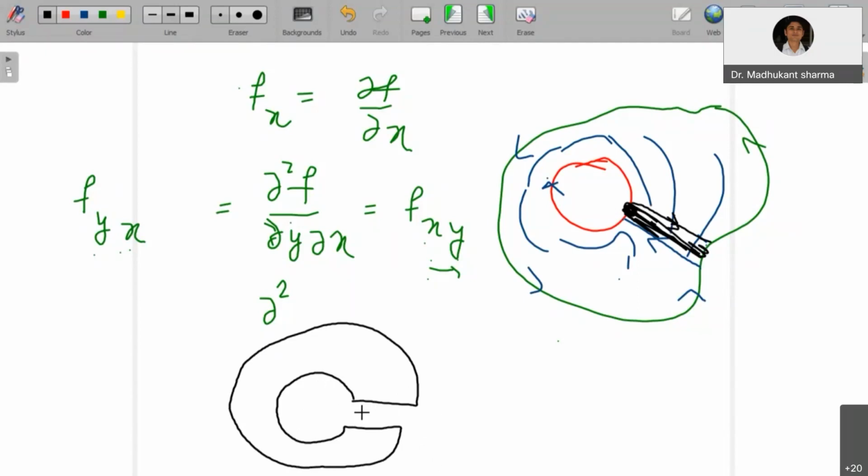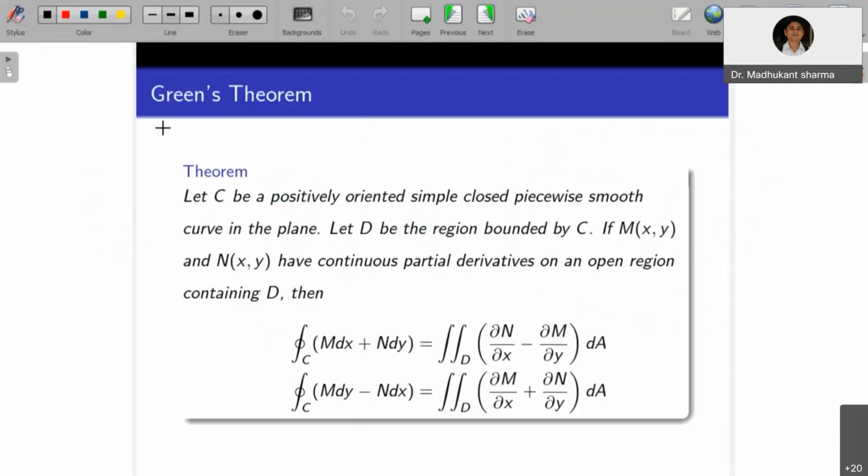I think time is over. In the next lecture we are going to learn a very important result in vector calculus, which is known as Green's theorem. It gives you real-life applications, for example finding the outward flux, how much fluid flows, or how much work is done.